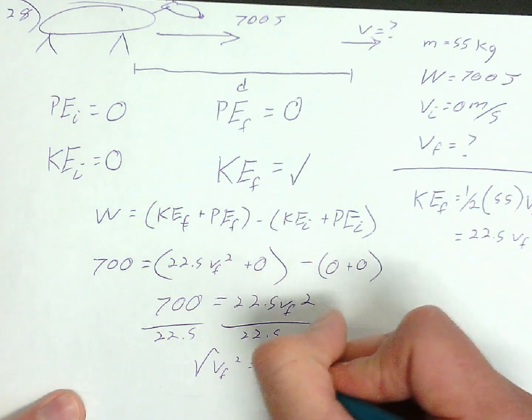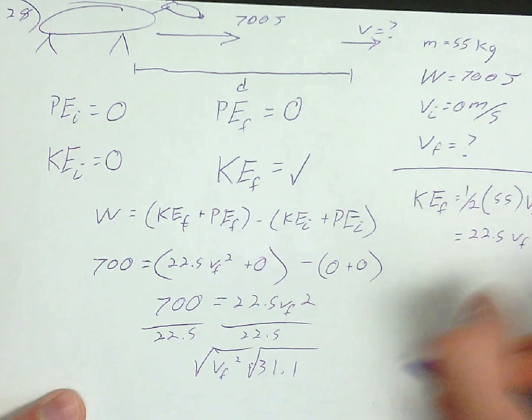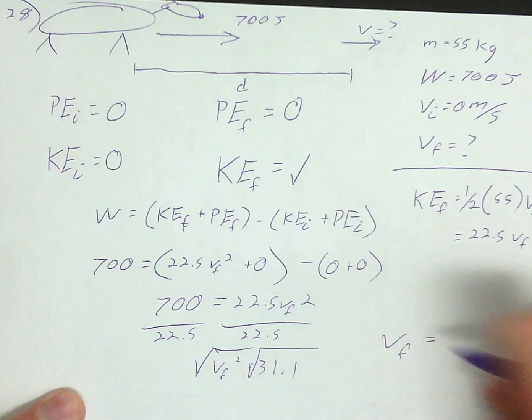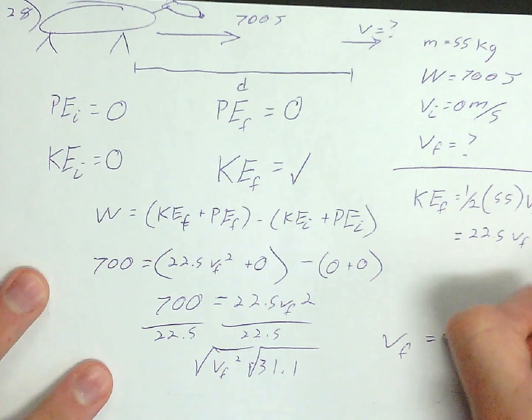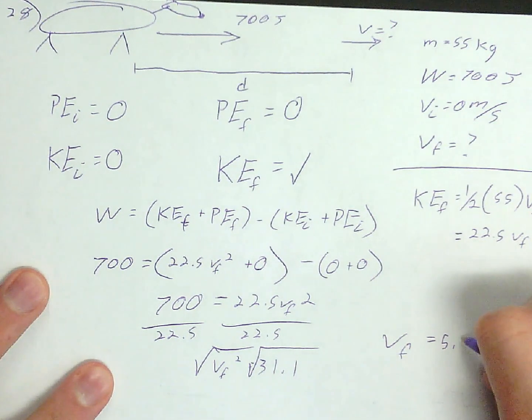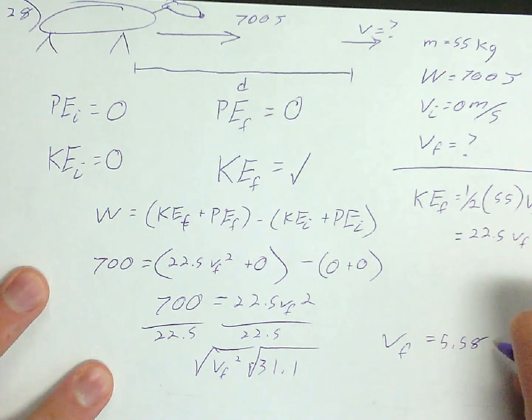Square root both sides to get just VF, and you get 5.58.